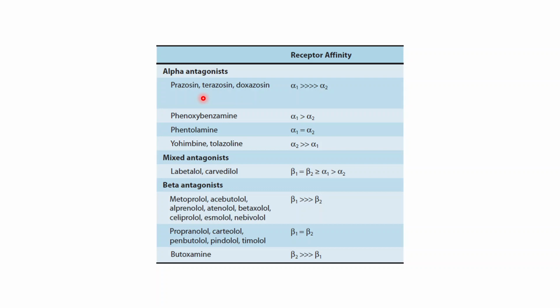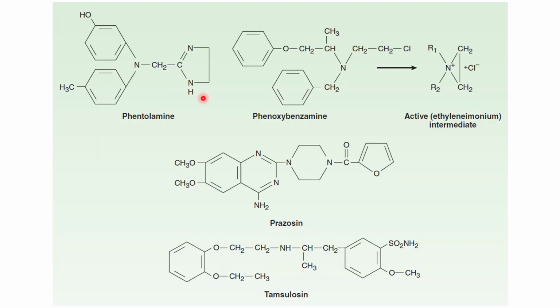Terazosin is similar to prazosin, and it is another reversible alpha-1 selective antagonist that is effective in hypertension. It is also approved for the use in men with urinary symptoms due to benign prostatic hyperplasia.